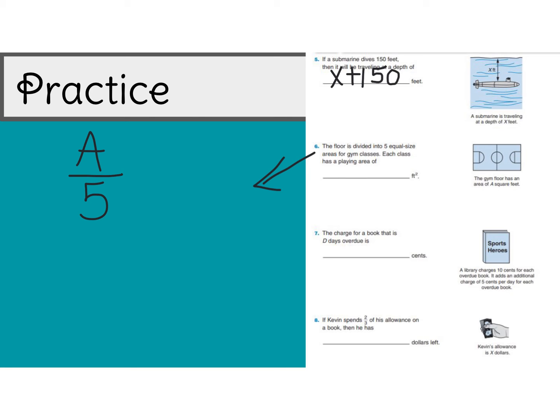Another way would be 1/5 times A. We could also do 1/5 A. And remember, that was just another way to write 1/5 times A. We just leave out that multiplication sign. So there's lots of shortcuts with math problems that you will see over the years. Equations will change. So that was number 6.